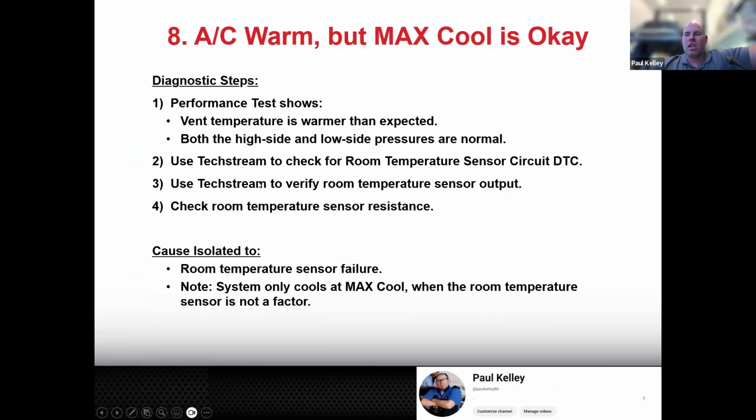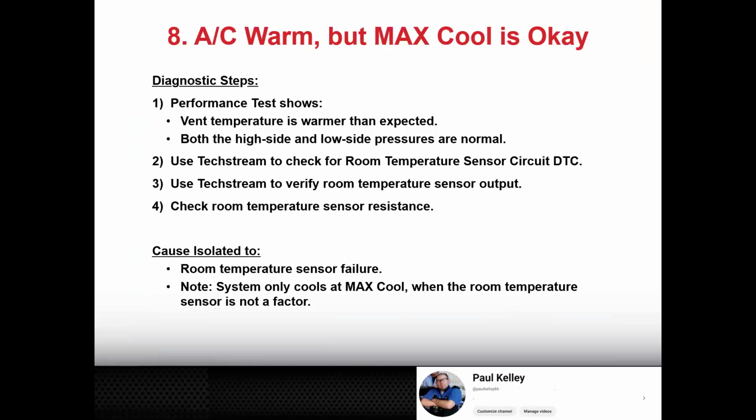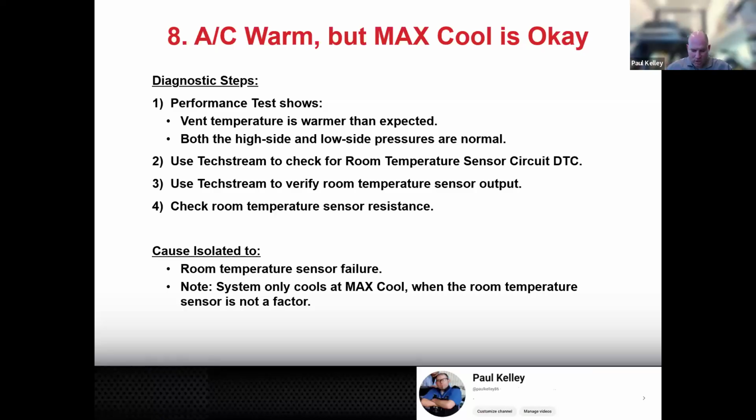And then you're going to have to compare that to what? How would you know what's good or bad? You look it up on TIS, right? I was going to start with my thermometer, which I have. Well, here it is.